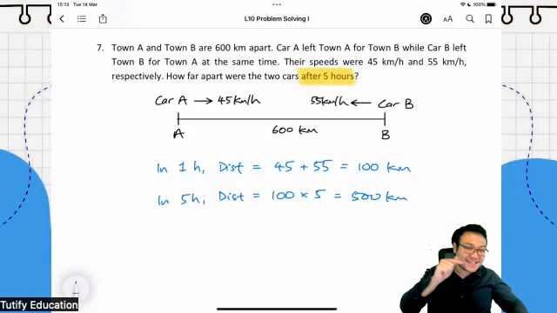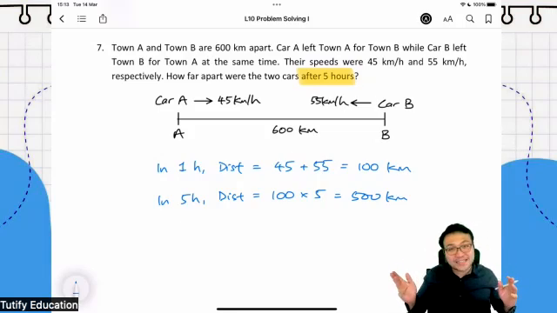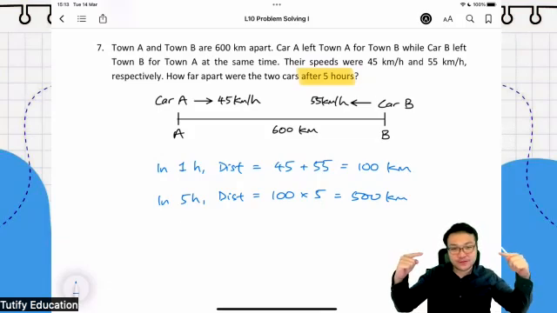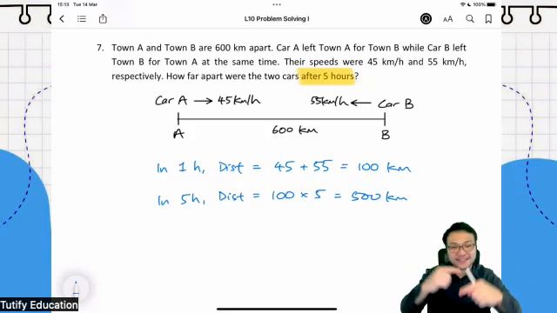So how far apart are they? Everybody, can you type your answer? How far apart will they be after 5 hours? It's not 200, Yongjun. In 5 hours, both of them travel 500 kilometers closer together. Ah, Kevin, very good. Ah, Yongjun, very good.